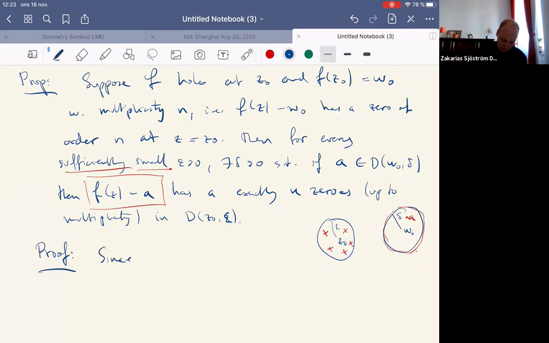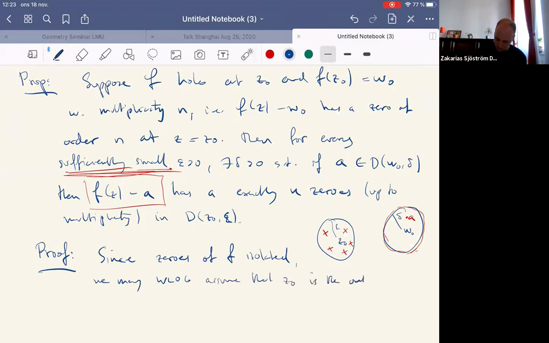So the proof is that, first of all, now we're going to use this sufficiently small hypothesis here. Since zeros of f are isolated, we may, without loss of generality, assume that z0 is the only root of f of z minus w0 in this disk of z0, epsilon.